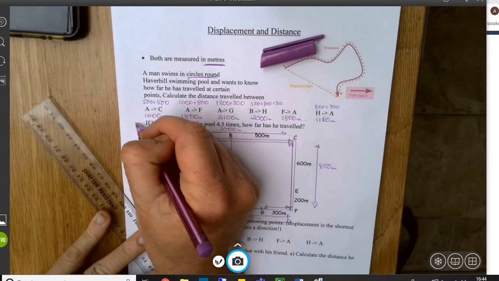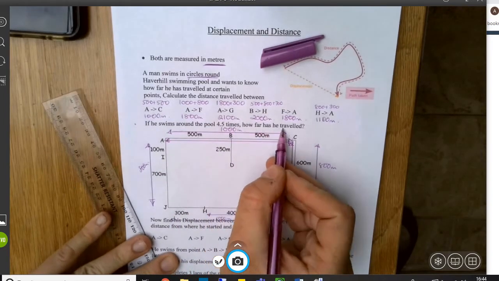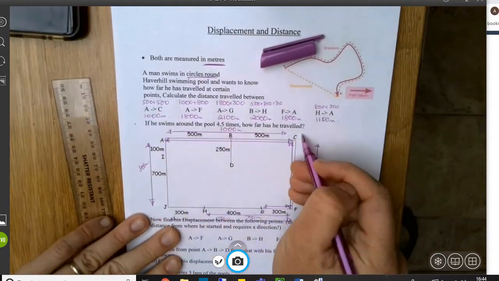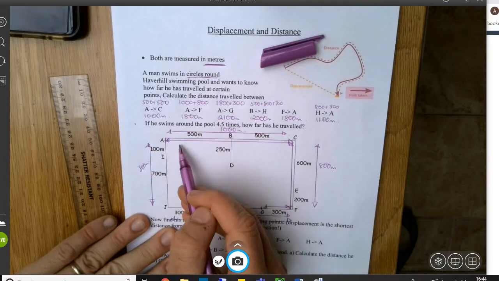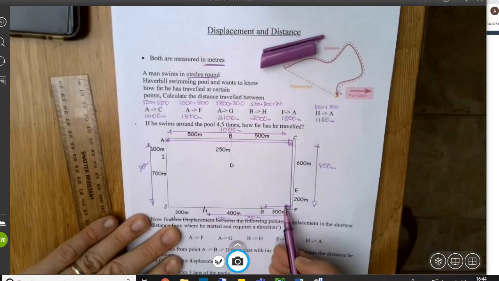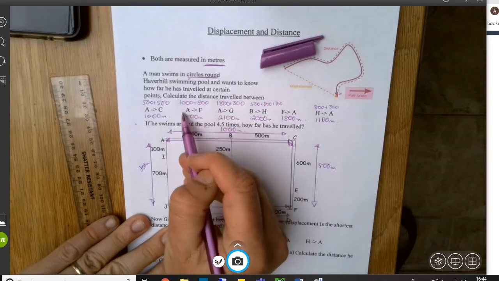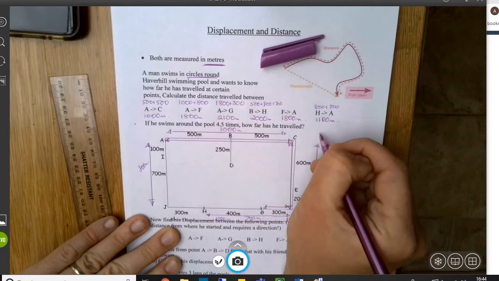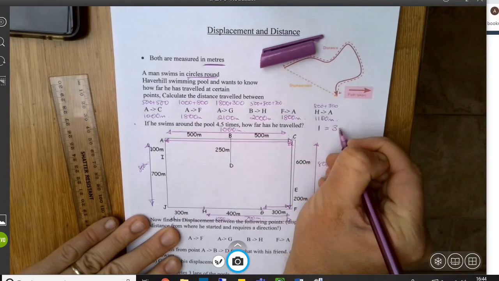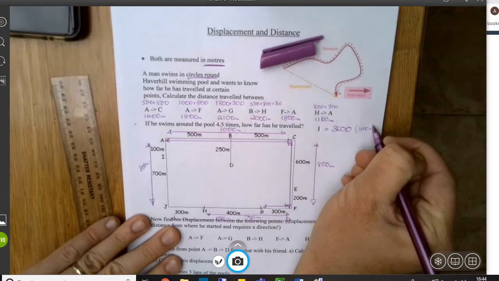The second question says, if he swims around the pool 4.5 times, how far has he travelled? So, how far is it all the way around the pool? Well, we know that it is 1,800 plus 1,800, or this distance twice, so we can say that 1 lap equals 3,600, which is 1,800 times 2.